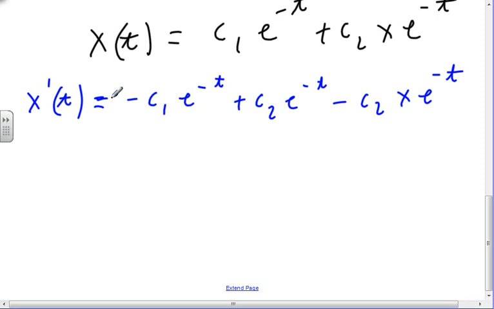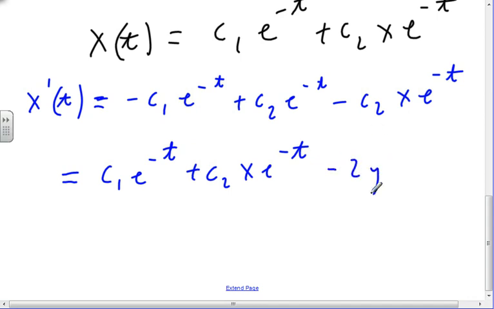All right, now that I did that, well, I want to take the derivative. Okay, so I got the derivative of it. Okay, so the derivative of it has to equal x. c1 e to the minus t plus c2 x e to the minus t minus 2y.